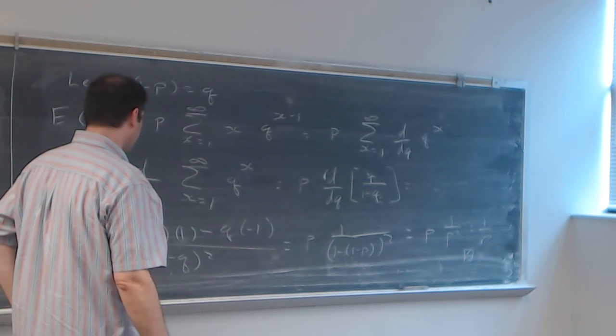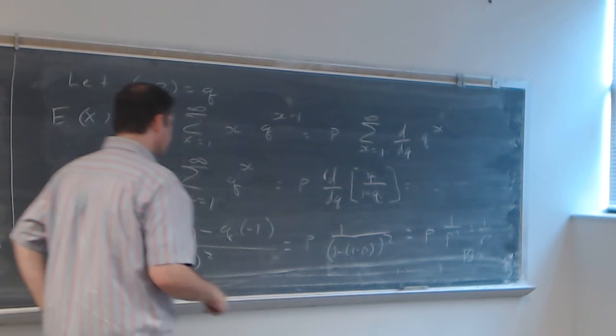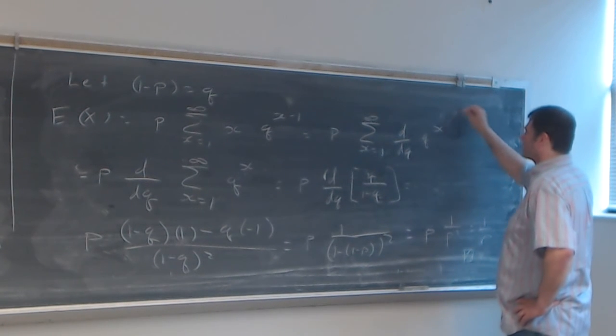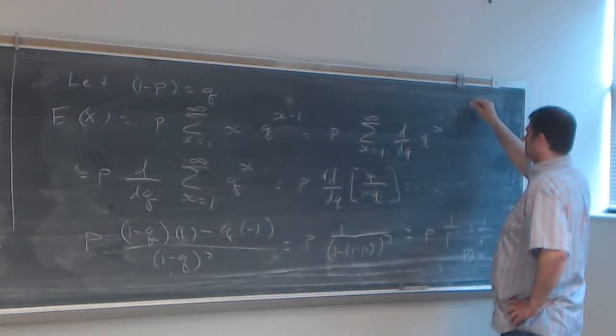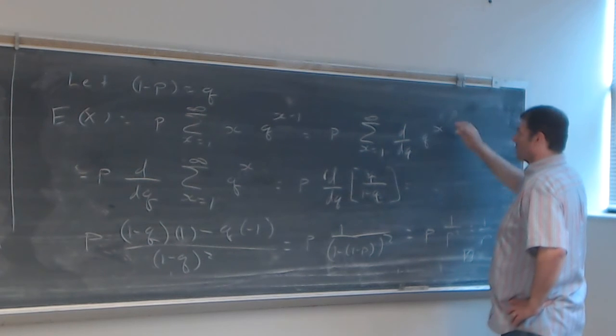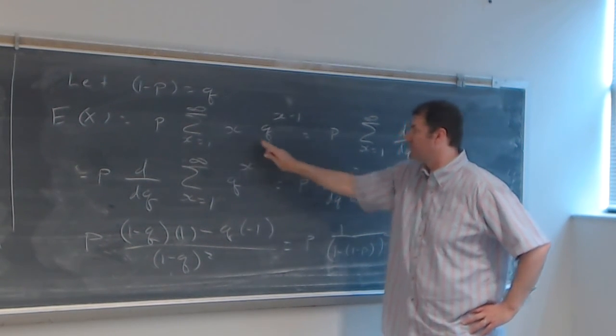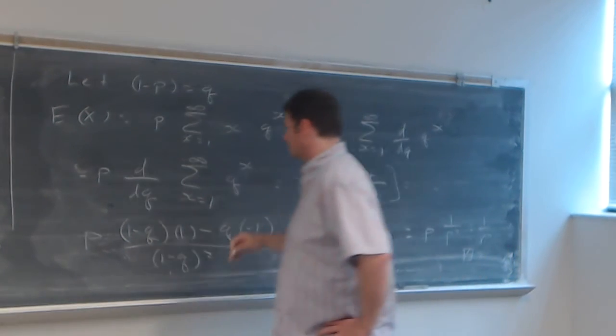Let's check this out. So here, the first sum, what is this sum here? Forget the p for a second. This is the sum, well, it's written right here. The sum as x goes from 1 to infinity of x times q to the x minus 1. Let's look at this.